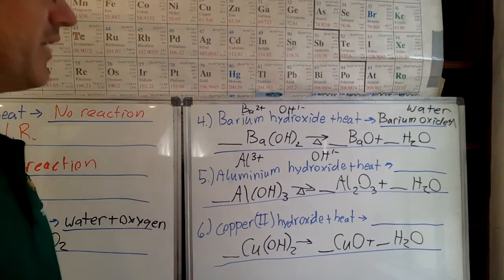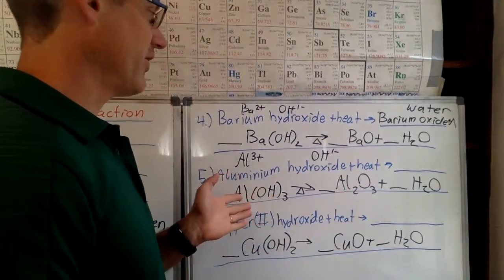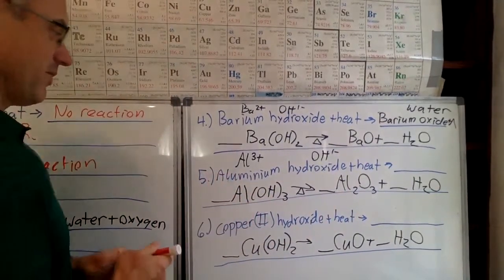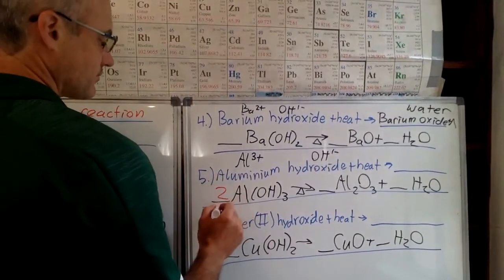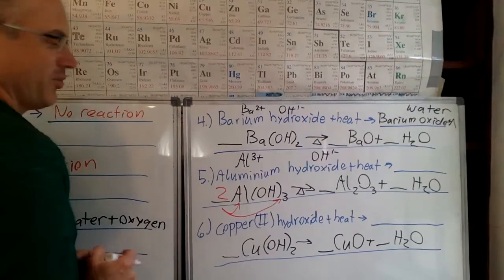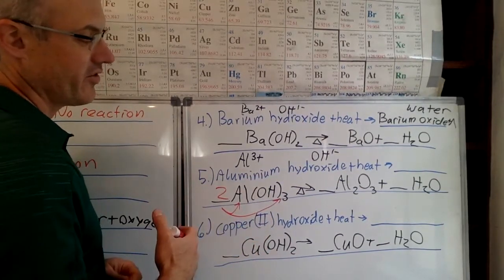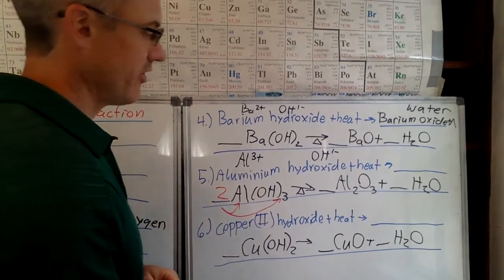So we do have 2 aluminum. That might be a good place to start. Try to get the aluminum back to balance. That distributes in here. So we actually end up with 2 aluminum and 6 hydroxides. That's 6 oxygens and 6 hydrogens.